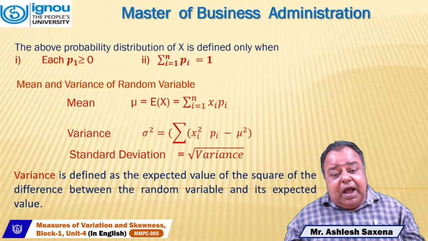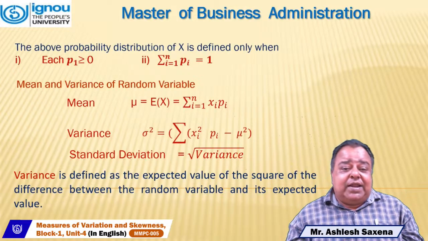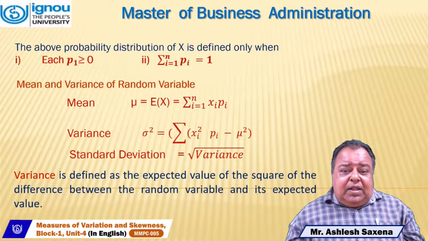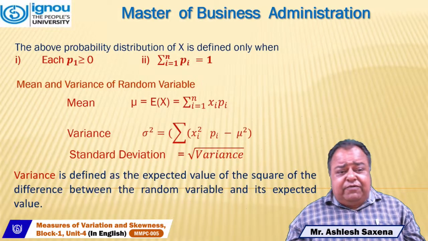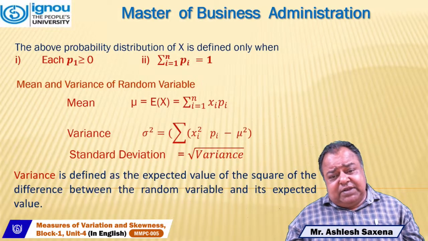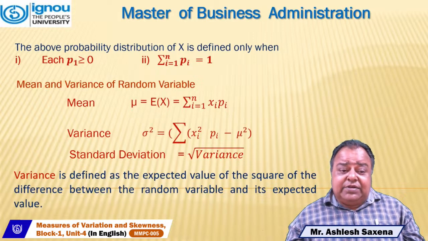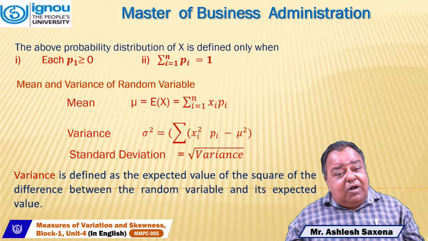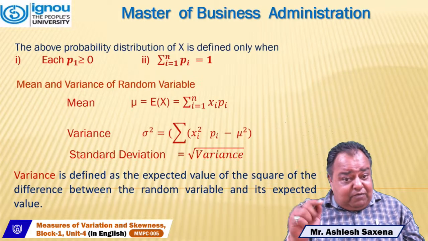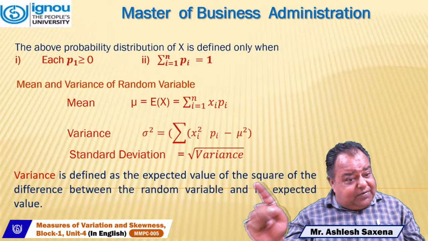This probability distribution of x is defined only when each pi is greater than 0 and the summation of pi from 1 to n is equal to 1.